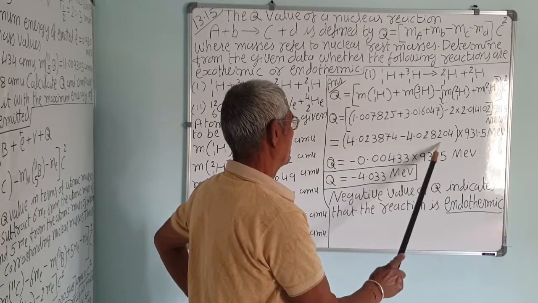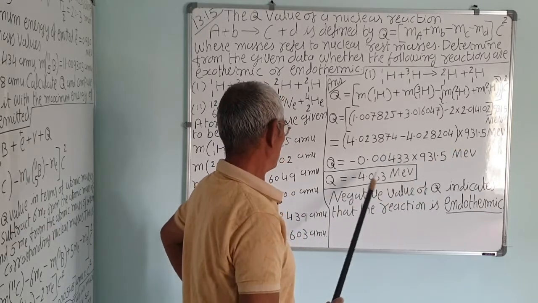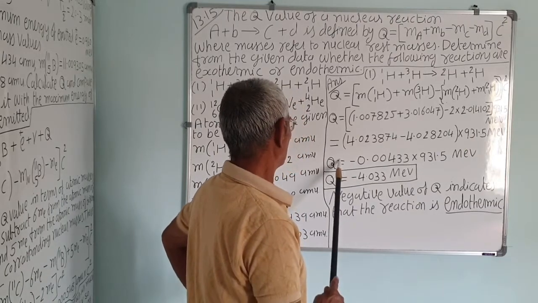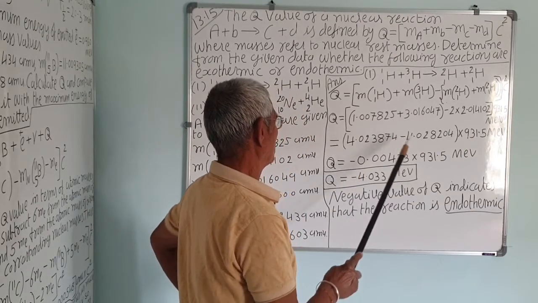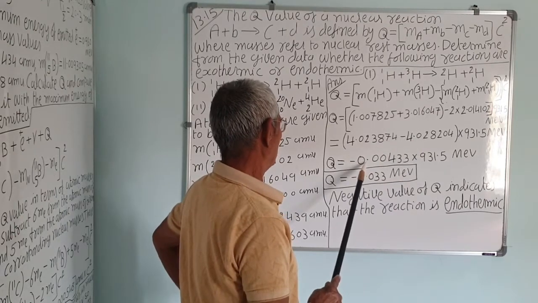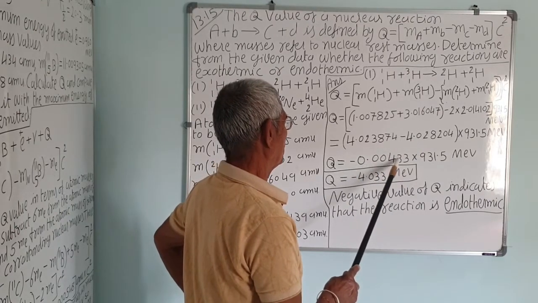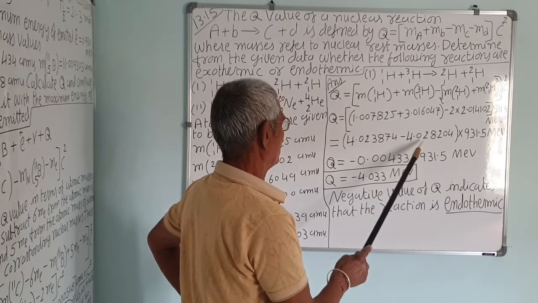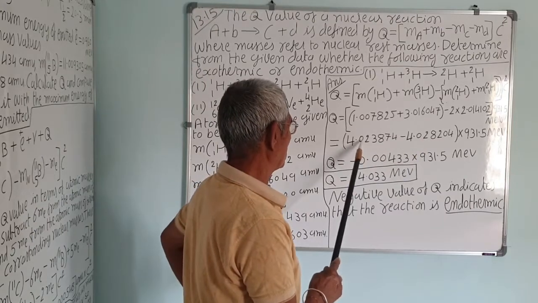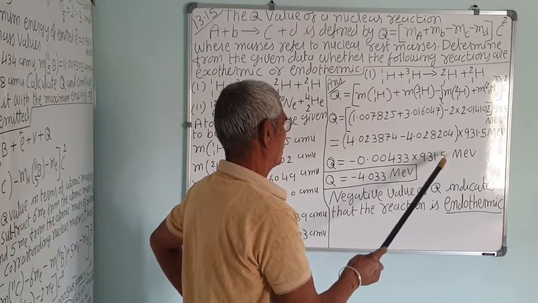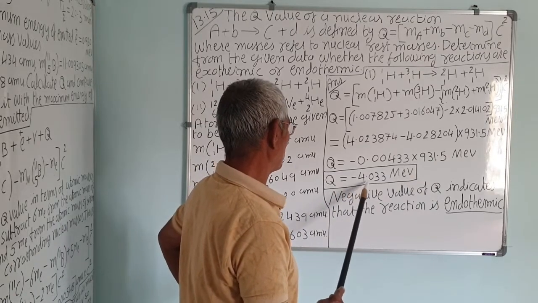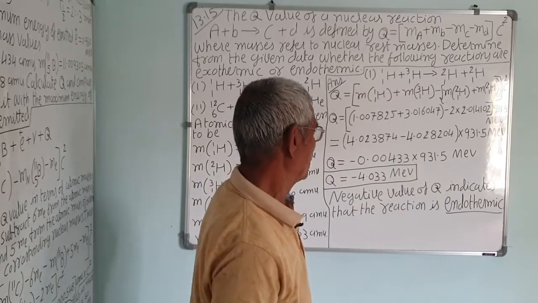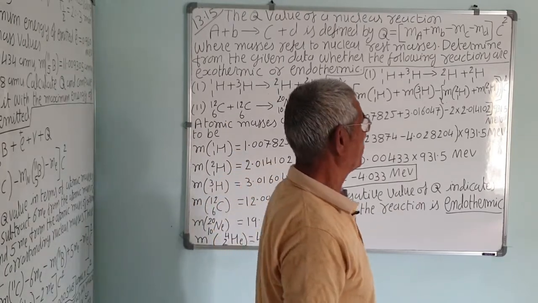So Q is minus 0.00433, because the mass of the products is more than the mass of the reactants, multiplied by 931.5. Q is minus 4.0033 million electron volt, so it is endothermic, as Q is negative.